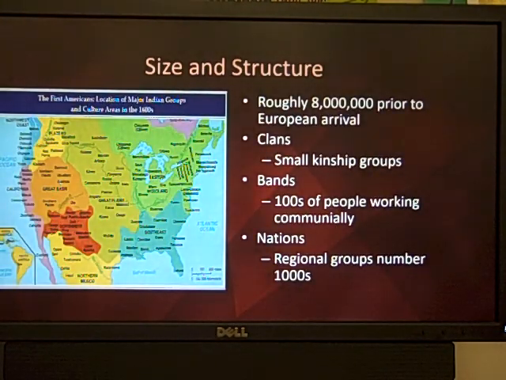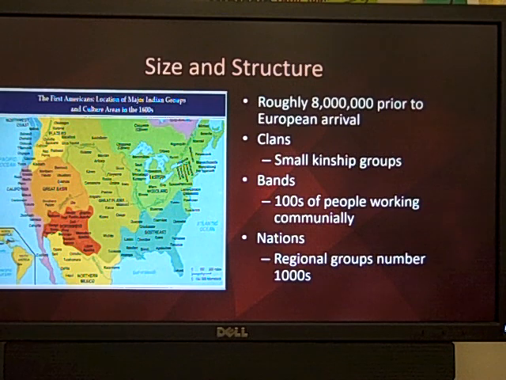All right. So when we look at the size and structure of Native American groups, prior to the arrival of white folk, there were, and I believe 8 million is North America, just North America. It might be just the United States, but I think it's North America, or really what we're going to look at, which is northern Mexico and then into Canada.